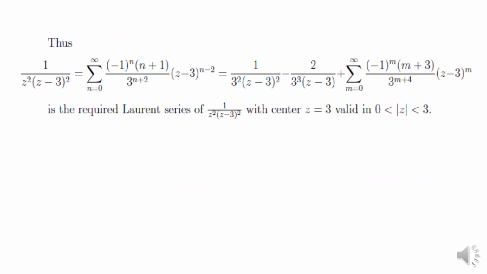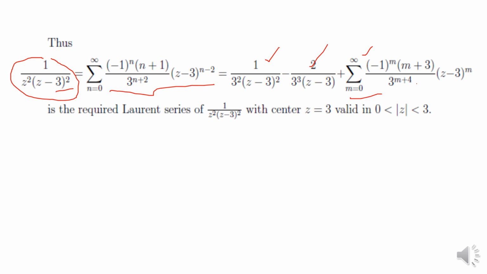We take the full function here, which is given in the second part, 1 upon z square into (z minus 3) square. So the 1 upon z square series we got, we multiply it by 1 upon (z minus 3) whole square, we get this series. Now put n is equal to 0, we will get this term, put n is equal to 1, we get this term, and then we take plus sigma n is equal to 2 to infinity.